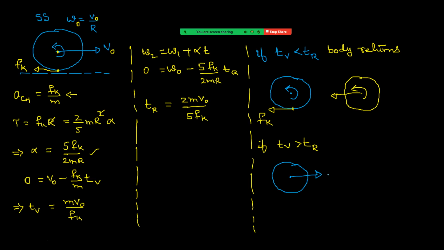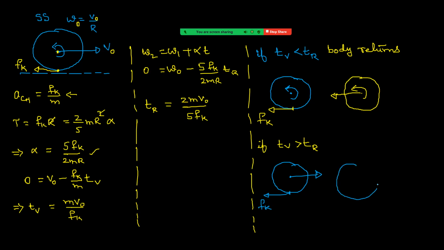That is now right side. You can see the contact point velocity is still right side. So friction will be left side. That means because of friction, now torque is anti-clockwise.